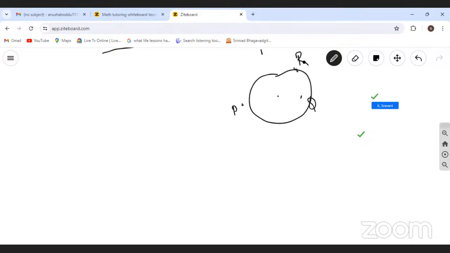First of all, find the distance between the points P and Q. What will be the formula? Five, ma'am. 5 units. Yes, you will get the distance between the points P and Q as 5 units.